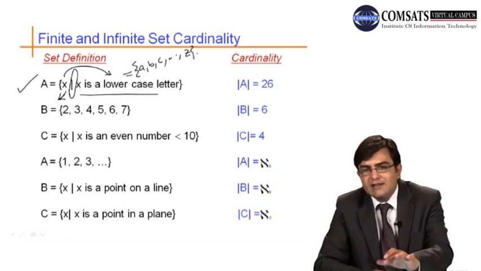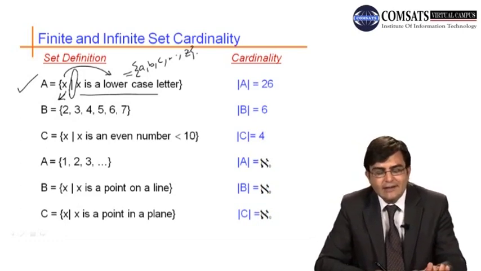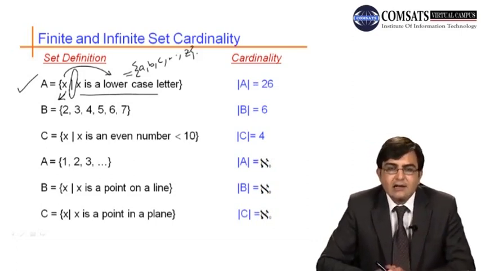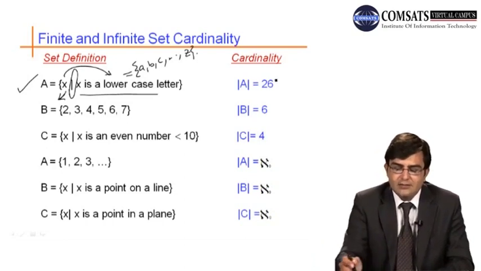Instead of writing all these letters, we write the set in this form. And what is the cardinality of this set? How many elements are there in this set? We know that there are 26 small alphabets in English, so the cardinality of this set is 26.